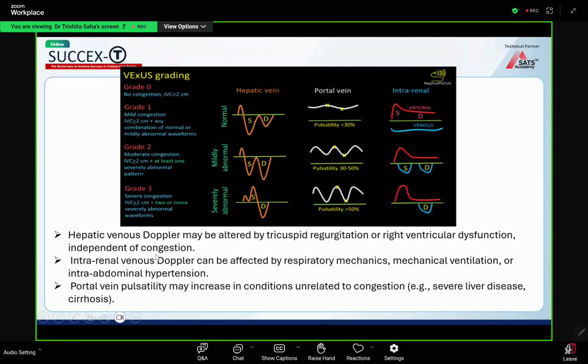There might be a reversal also, which is one of the disadvantages in cases of TR or right ventricular dysfunction. Intrarenal venous Dopplers may be affected by respiratory mechanics, mechanical ventilation, or intra-abdominal pressure. Portal vein pulsatility may increase in conditions unrelated to congestion, such as severe liver disease or cirrhosis.